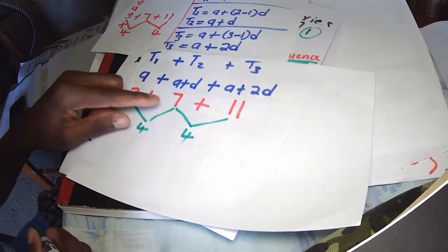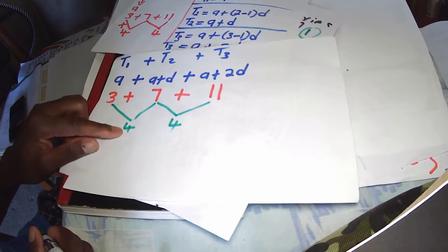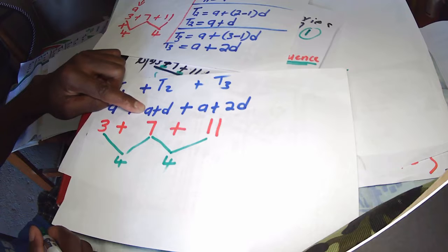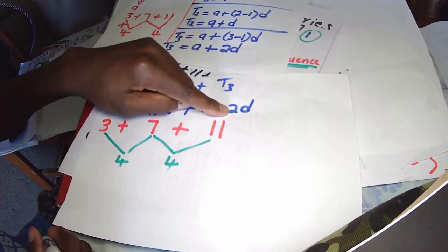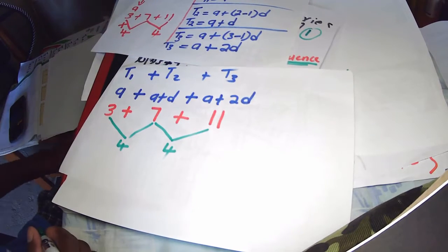So 3 plus 4 is 7, 7 plus 4 is 11. So the 4 is the d. On A, you put a 3, plus d, which is 4, then A plus 2d, where d is 4. So you see what is happening here.